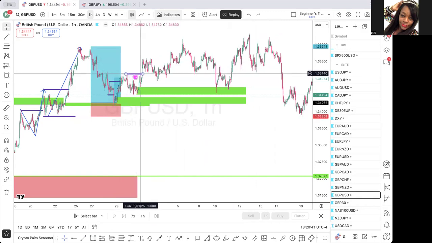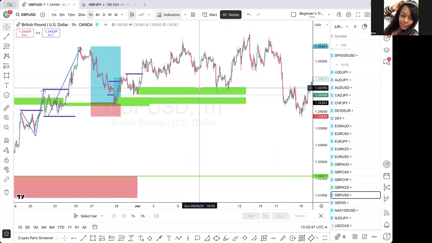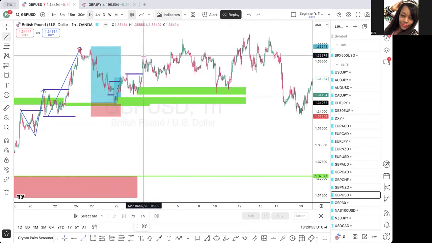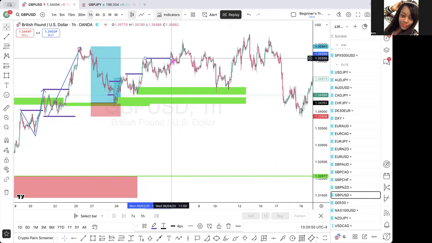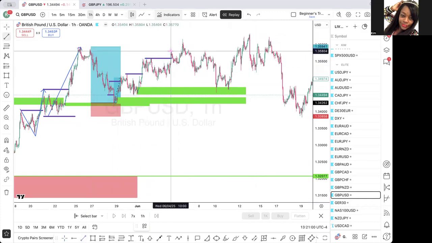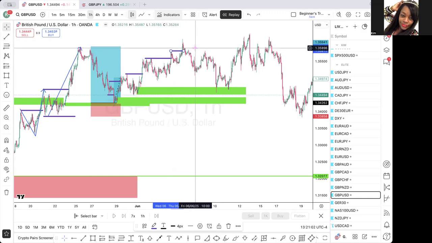So price broke here, it went up. Once price broke here and I marked up my zone, I know Wisdom is going to ask, but you had a break of structure here, and then you had a break of structure here, and that's all true.